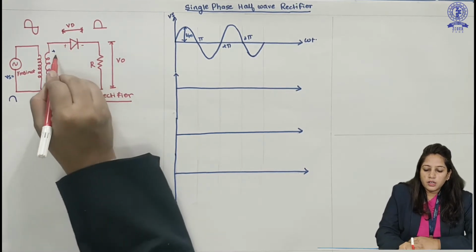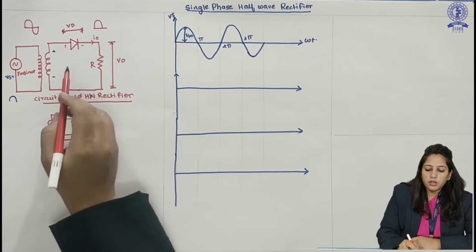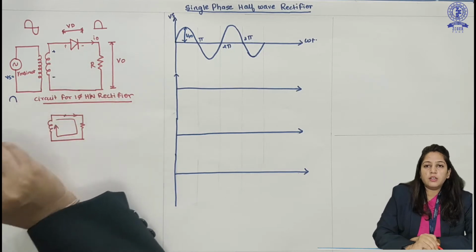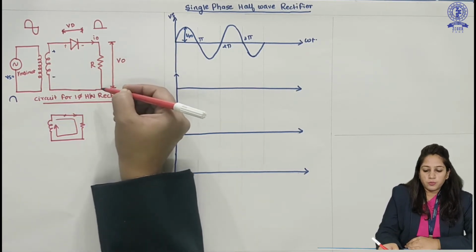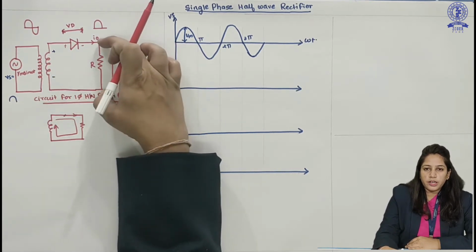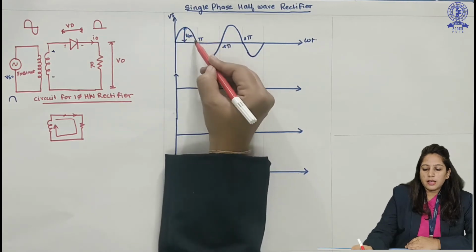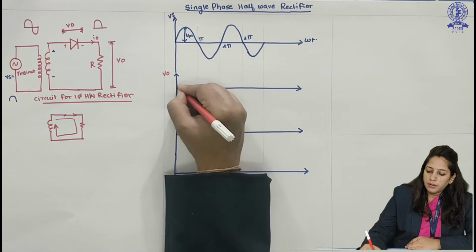If I consider I0 as the output current, it flows through this load resistance. So for the positive half cycle I will get output voltage same as the input voltage.